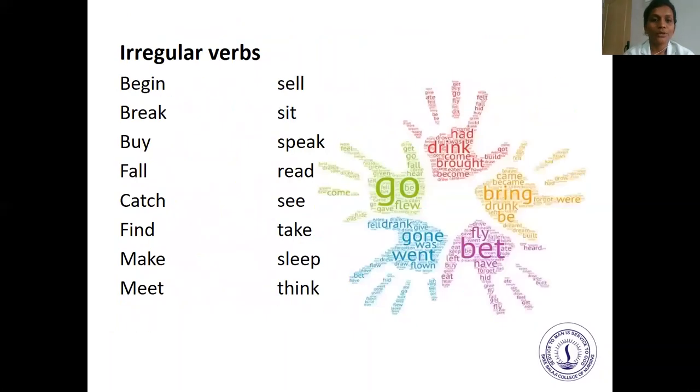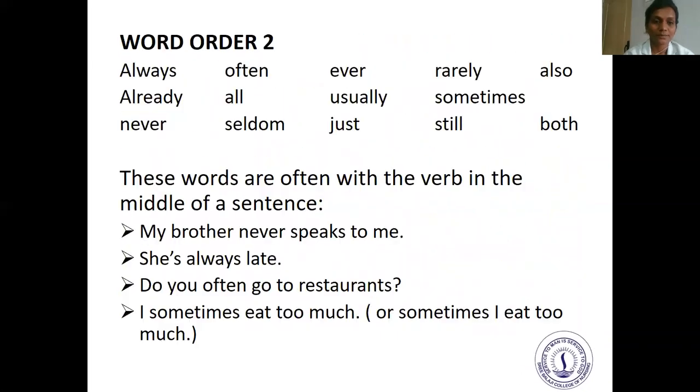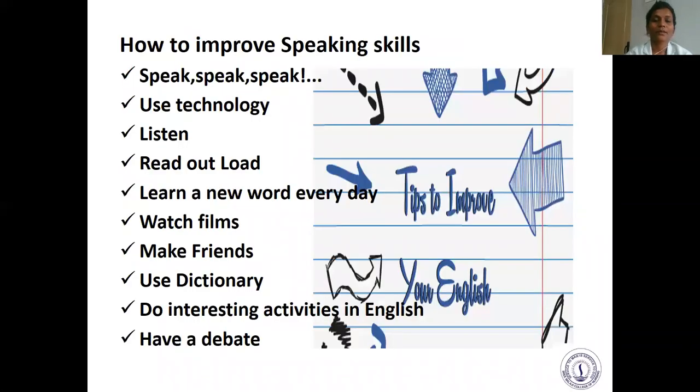And how will you improve your speaking skills? Speak, and use technology. Listen, be an active listener. Read out loud to improve your vocabulary and your pronunciation. Learn a new word every day; that will improve your speaking skill and your vocabulary.